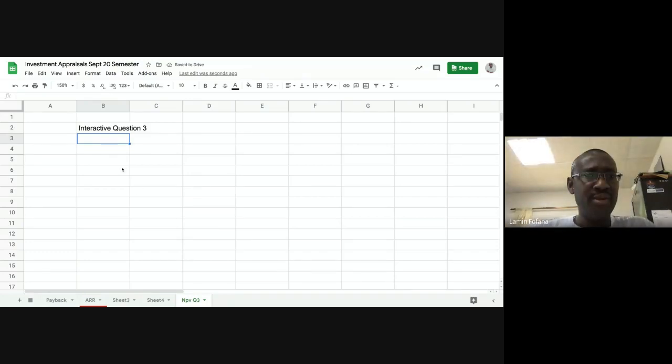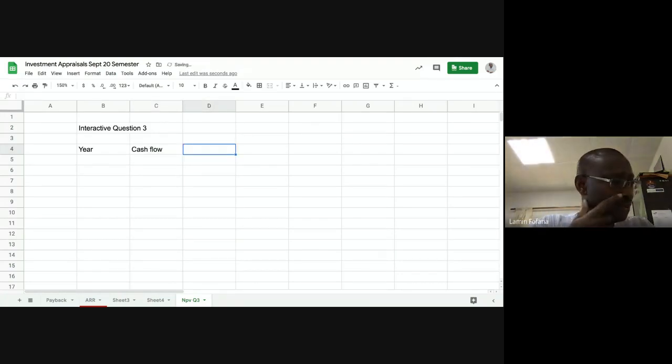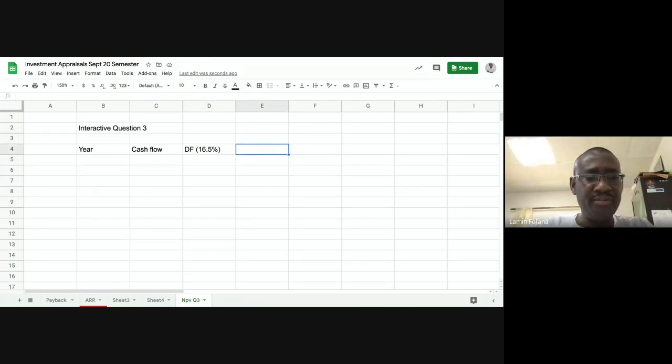So we have our table here. We have cash flow. We have our DF, you can shorten it, discount factor, DF 16.5%. And we have our present value, which you can also shorten as PV.